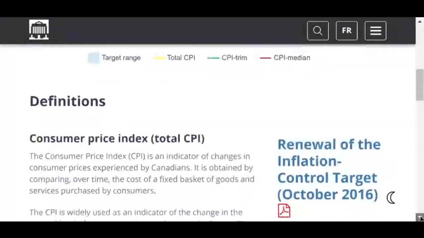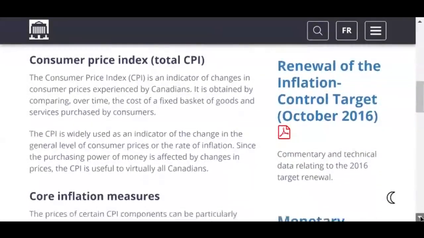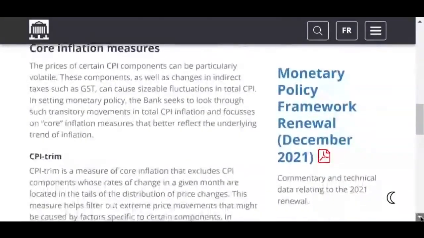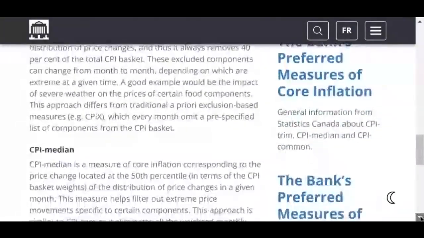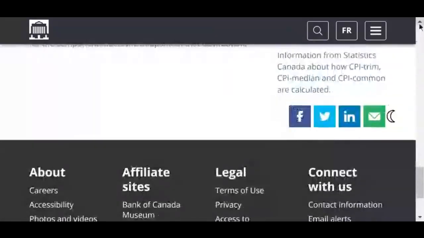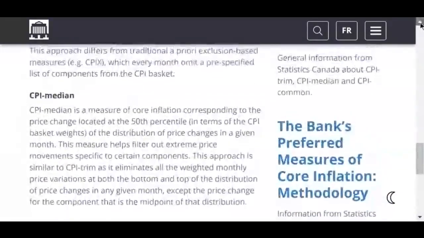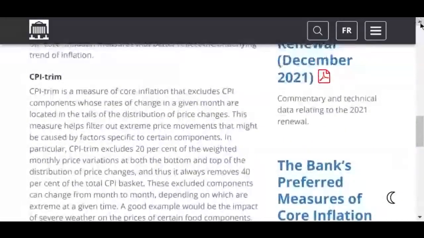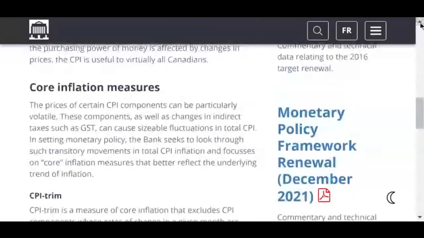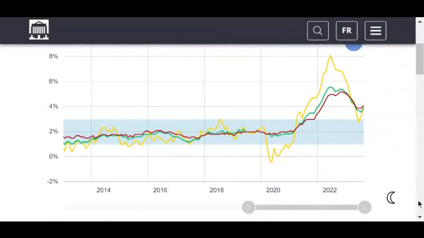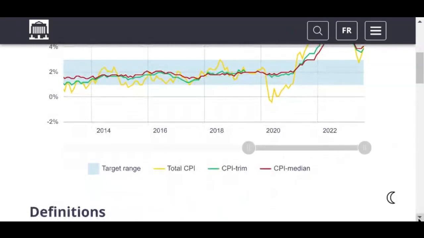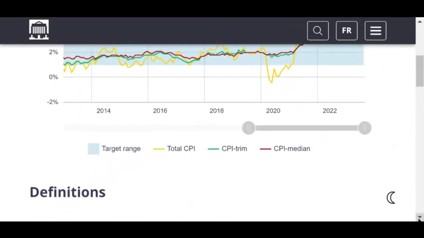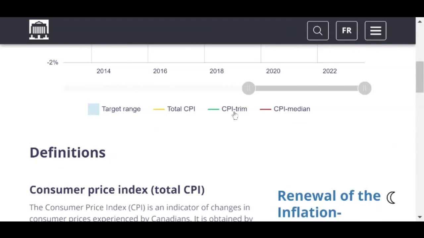Then you have all definitions here: the consumer price index, and core inflation measures, CPI trim and CPI median. Core inflation has two measures, CPI trim and CPI median.